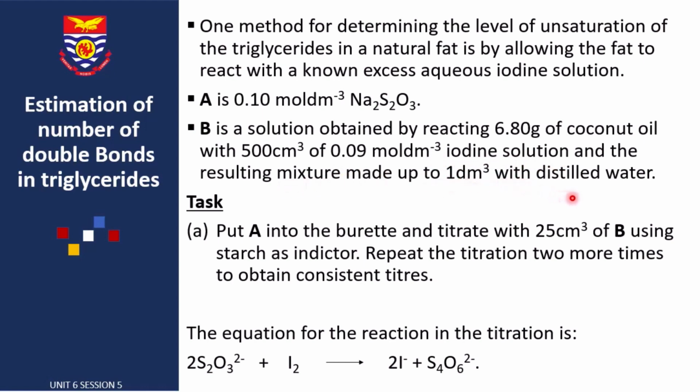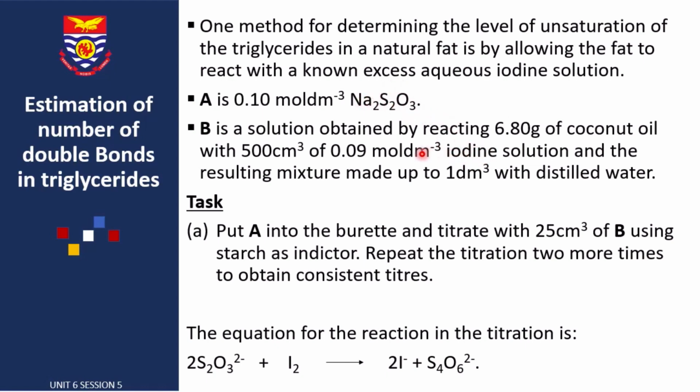Okay, so before we proceed, here we expect a reaction between the oil and the iodine, but there is going to be excess, and the excess would react with this. So with the relation between the thiosulfate and iodine, we'll be able to know the excess.